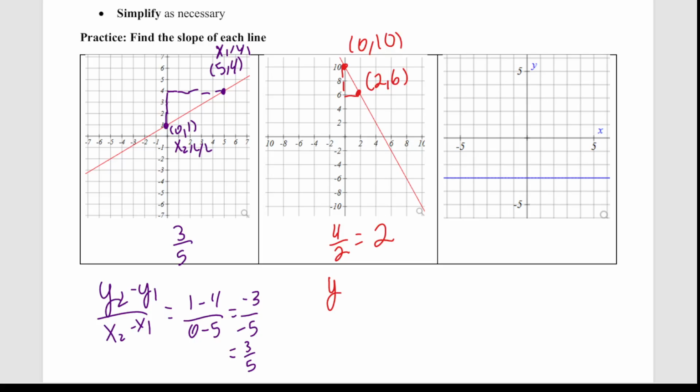And then again, if I were to plug into the equation instead, y2 minus y1 over x2 minus x1, then I could be doing 6 minus 10 over 2 minus 0 here, and then we end up with negative 4 over 2 to get us negative 2. Now, we got a negative, and is that what we should have noticed before as well? Yes, absolutely. How do we know it's negative? Because from left to right, it's going downhill.